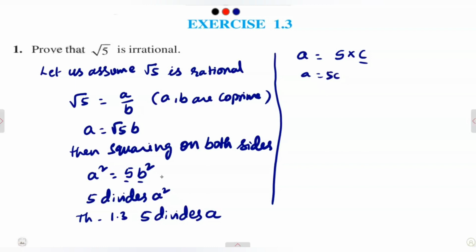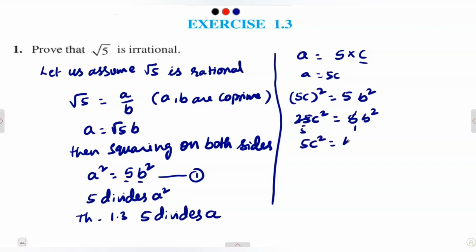So this one we substitute in this previous one. You think this as 1. A square is equal to 5b square, you substitute. So a is equal to 5c, you get in 1 as 5c whole square is equal to 5 into b square, which you can write as 25c square is equal to 5b square. So by doing cancellation, we can write 5c square is equal to b square.